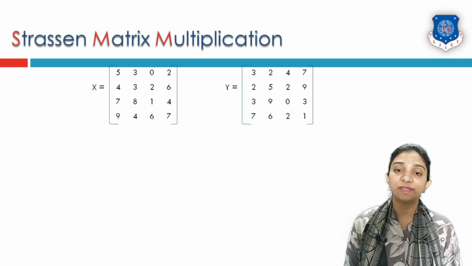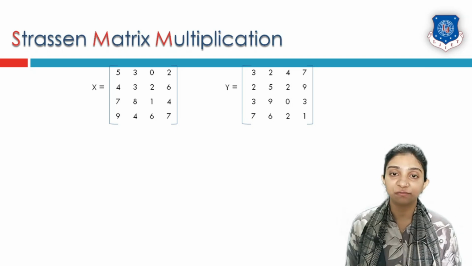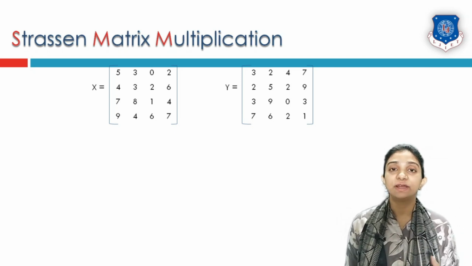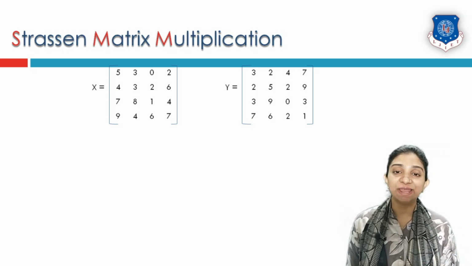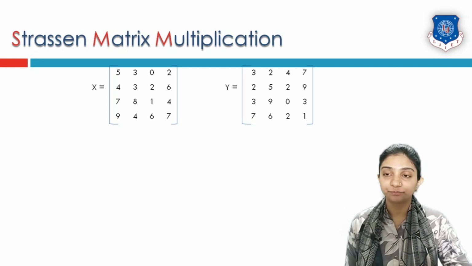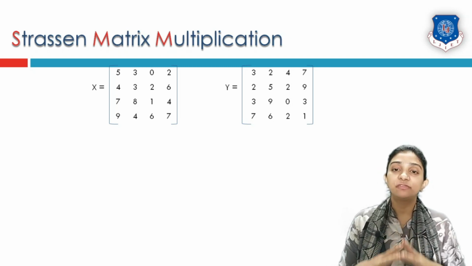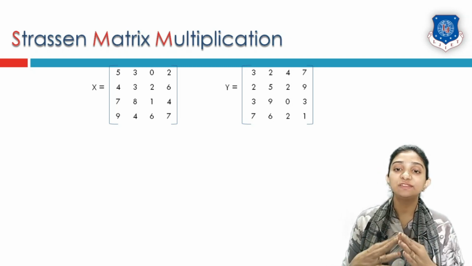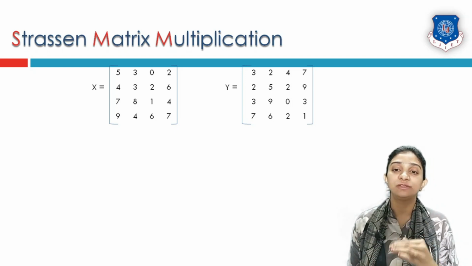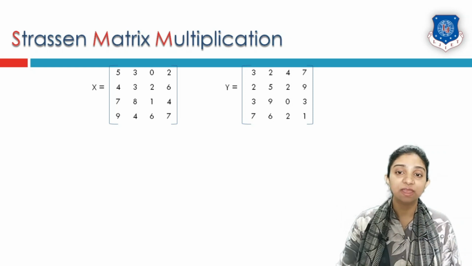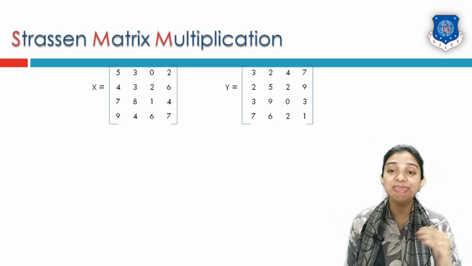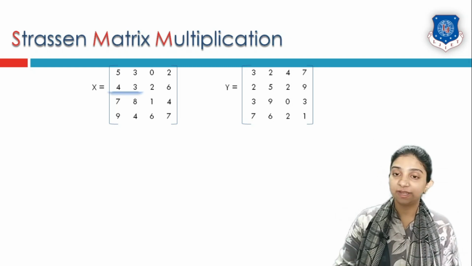Consider there are two matrices, matrix X and matrix Y. Both are 4 cross 4 matrix. So there are in total 16 elements in X and 16 elements in Y. So, first step of Strassen's matrix multiplication is to divide every square matrix from middle horizontally as well as vertically and find out components A, B, C, D, E, F, G and H. So, let us start.